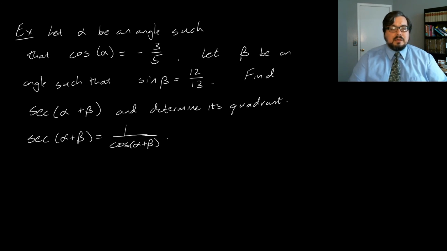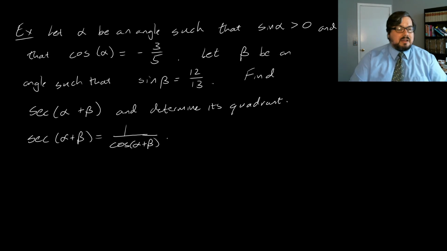Also, I did miss one piece of information that we have here. I don't want to tell you what sine of alpha is, but I want to tell you that sine of alpha is positive. And I do want to tell you that cosine of beta is negative.